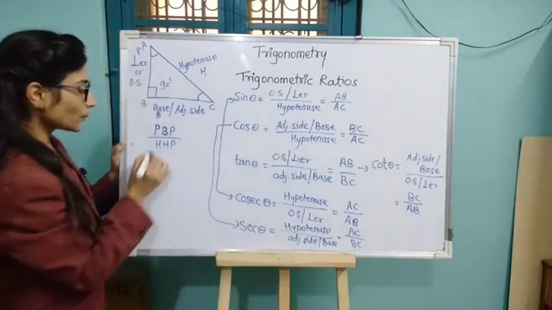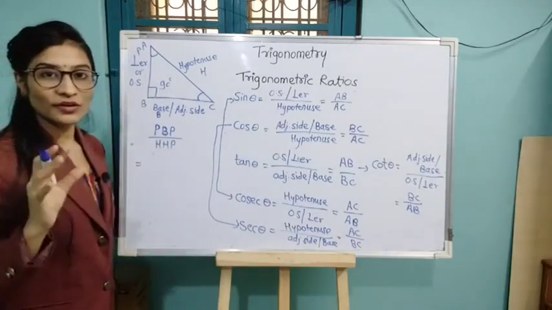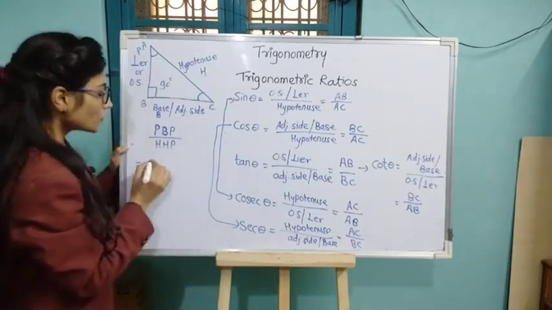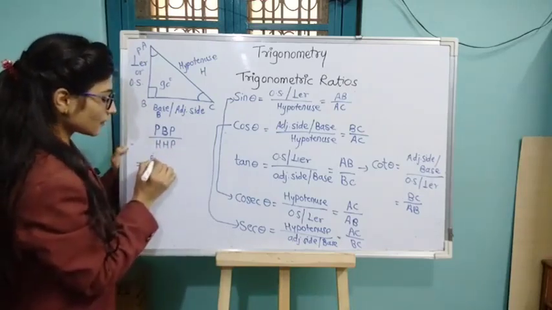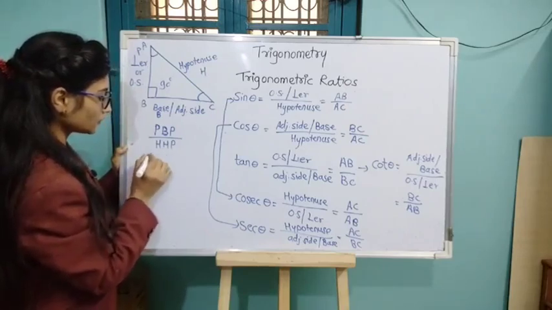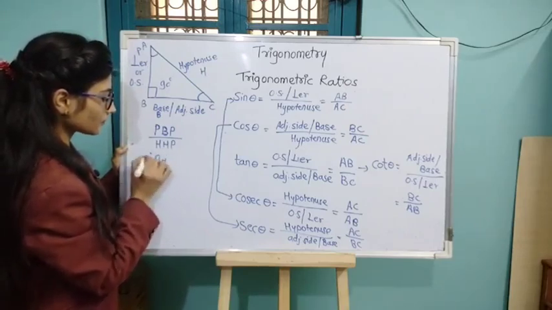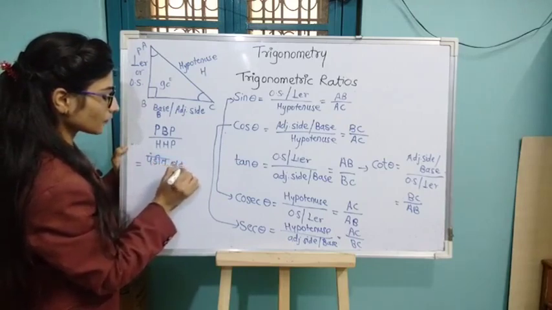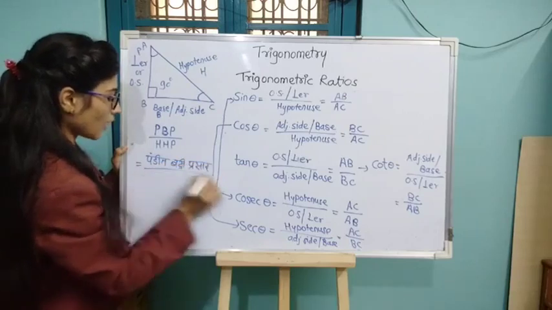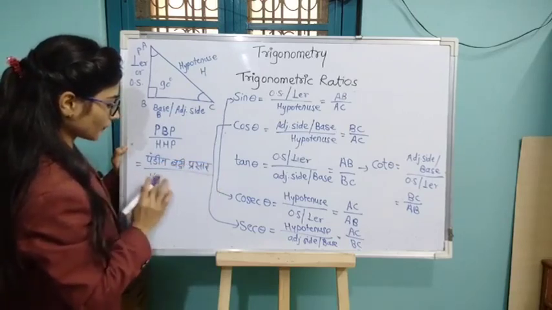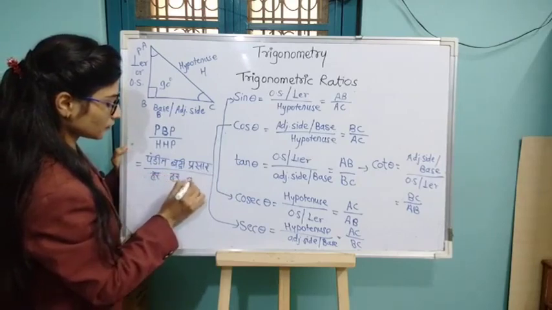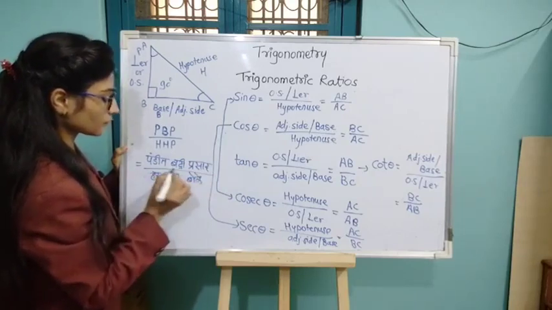So for PBP we have to learn a mnemonic, or acronym we can say. Pandit Badri Prasad, I am writing here, or I will write in Marathi. Pandit, Badri, Prasad, har har bole.